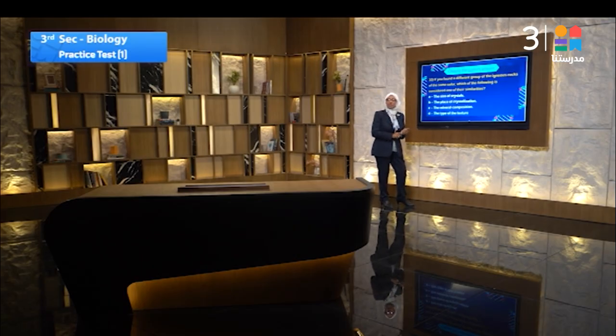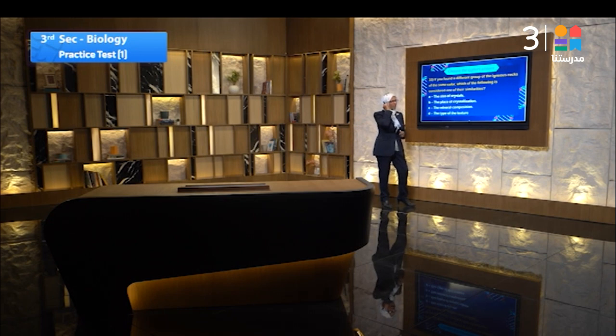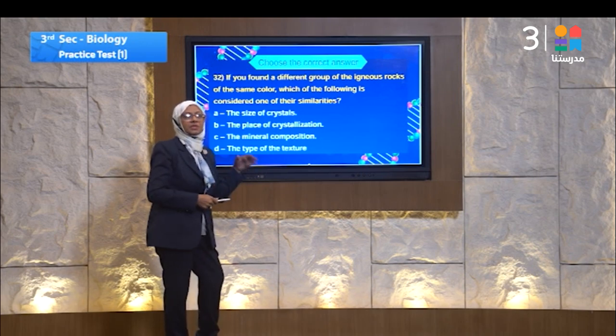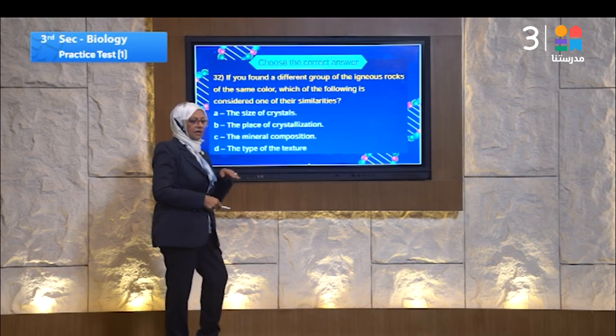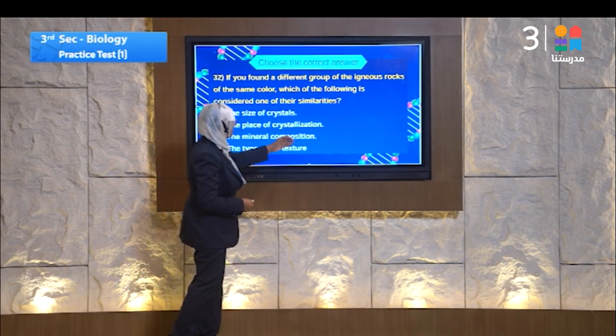The igneous rocks have many similarities to each other. Number A, the size of crystals. The size of crystals are different, and the similarity is that they are formed on the Earth's crust or inside the Earth. Number B, the place of crystallization.